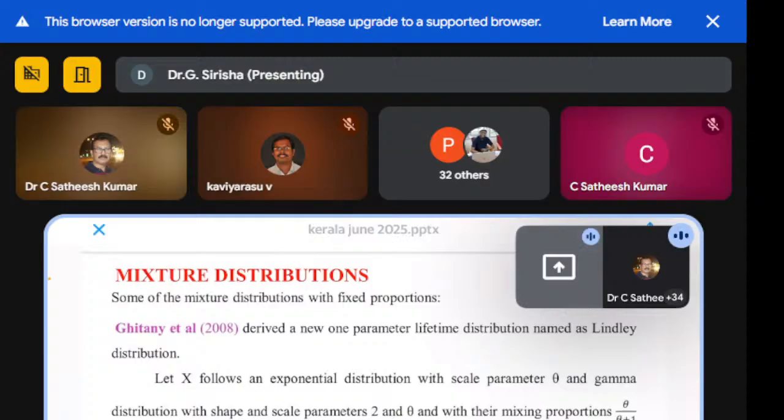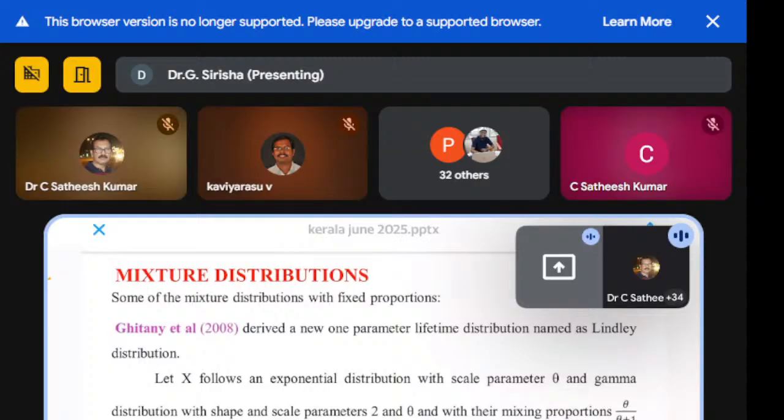The Lindley random variable is a convex combination of an exponential distribution with scale parameter theta and a gamma distribution with shape parameter 2 and the same scale parameter. The corresponding mixing weights are theta by theta plus 1 and 1 by theta plus 1.